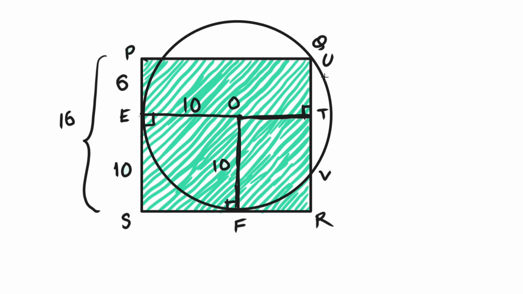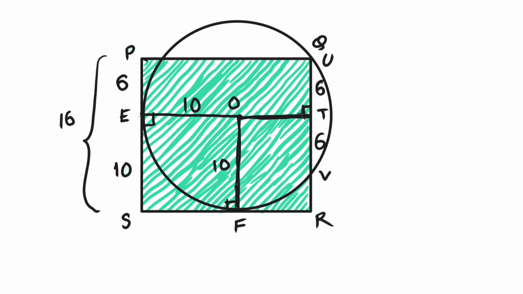In particular, the distance from U down to T is equal to PE. Since PE equals 6 units, we get UT equals 6 units. And because OT bisects the chord UV, TV is also 6 units. So the upper half and lower half of the chord are both 6 units long.